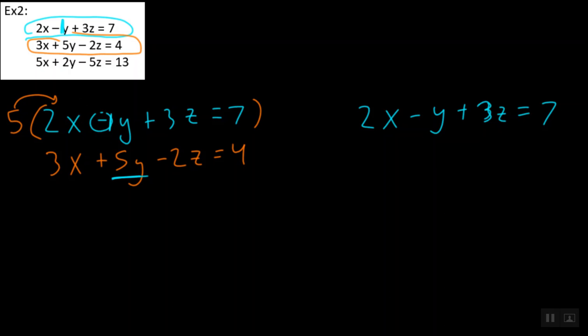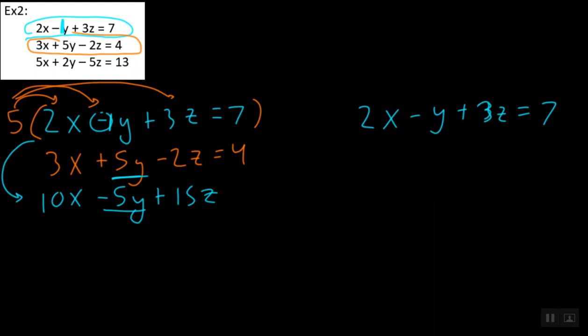Okay, so I got 5 times 2x, which will give me 10x. Remember, I'm just dropping this line down after I multiply. We have 5 times negative y, which gives me negative 5y. And you can see that these are already going to cancel out. We have 5 times 3z, which will give me plus 15z is equal to. And lastly, 5 times 7 is 35.